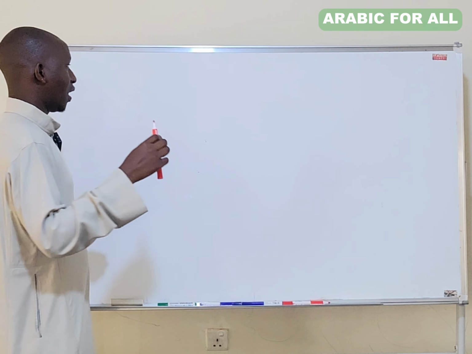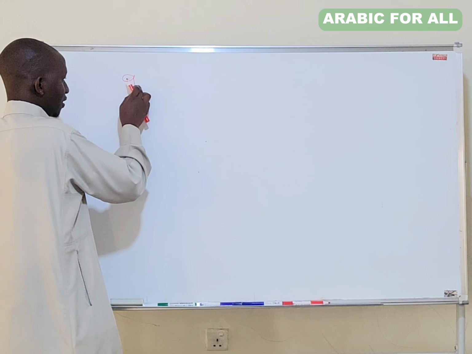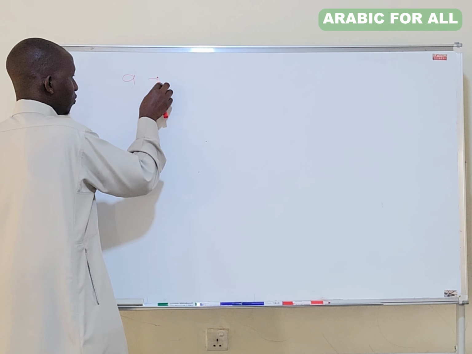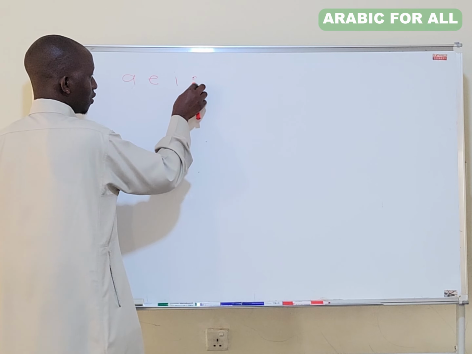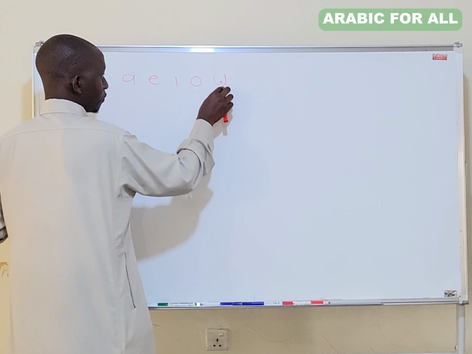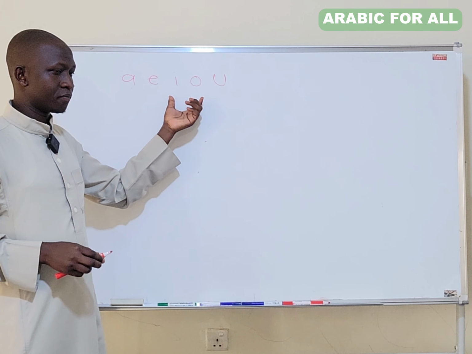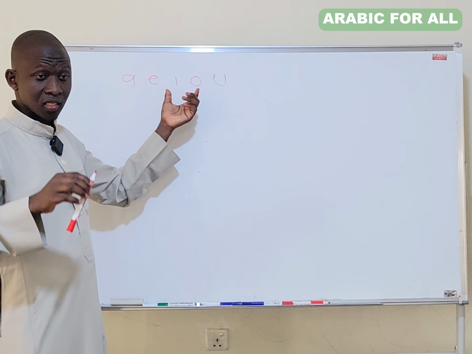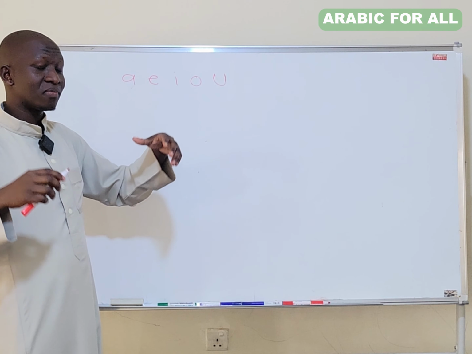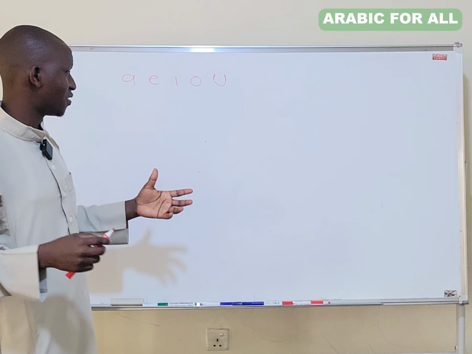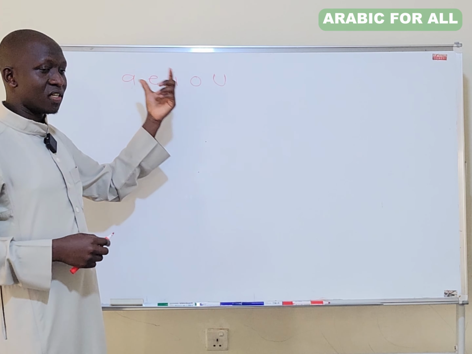We have A, E, I, O, and U. These are the ones that make up sounds in the English words. So in Arabic, we have equivalents.